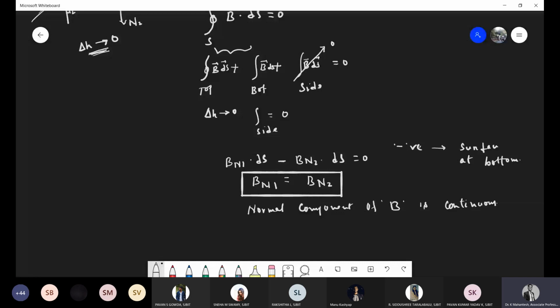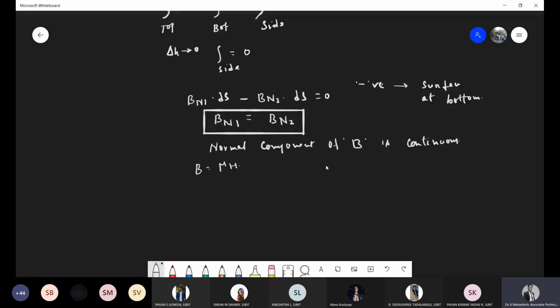I repeat, normal component of B is continuous. We know that B is equal to mu H. So I can write it as mu1 Hn1 is equal to mu2 Hn2. Therefore, Hn1 by Hn2 is equal to mu2 by mu1.